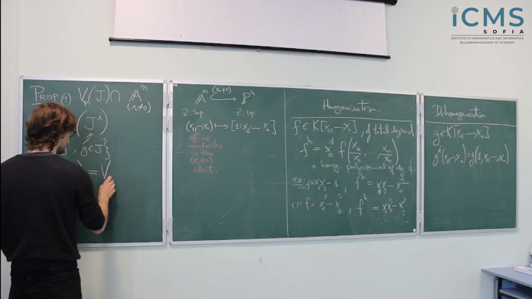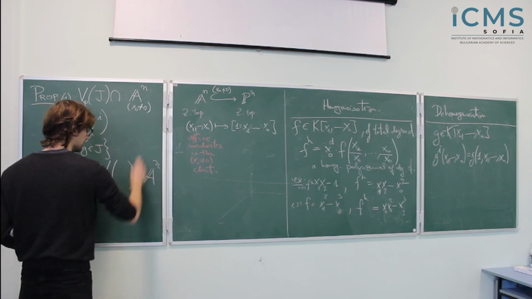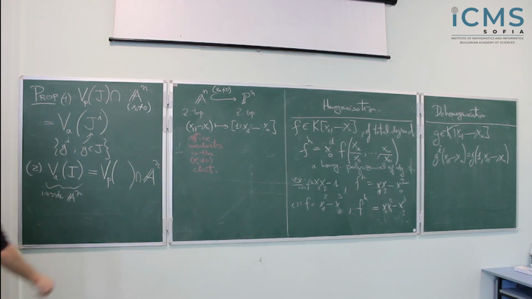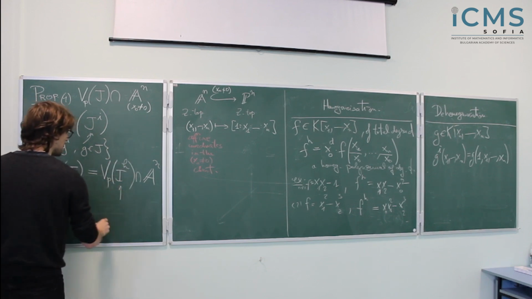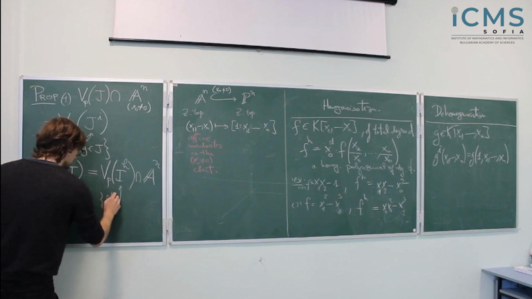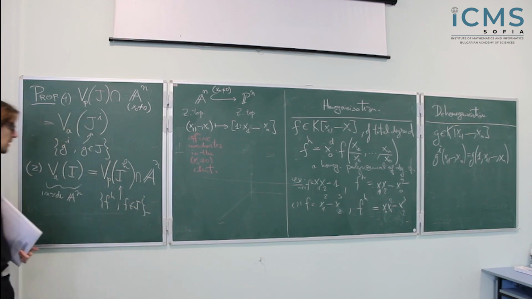So this will be a projective set. Okay? And as you can imagine, this will be just the homogenization of all the elements inside the ideal I. Okay.